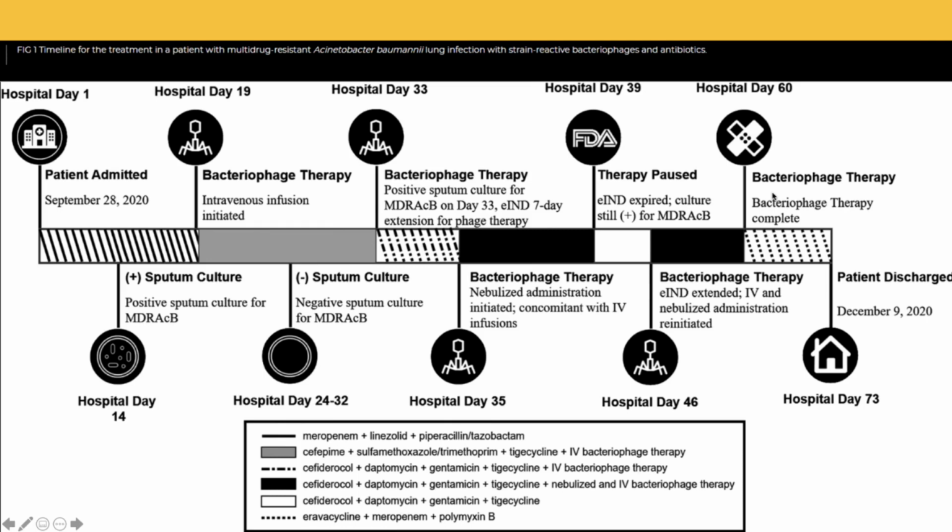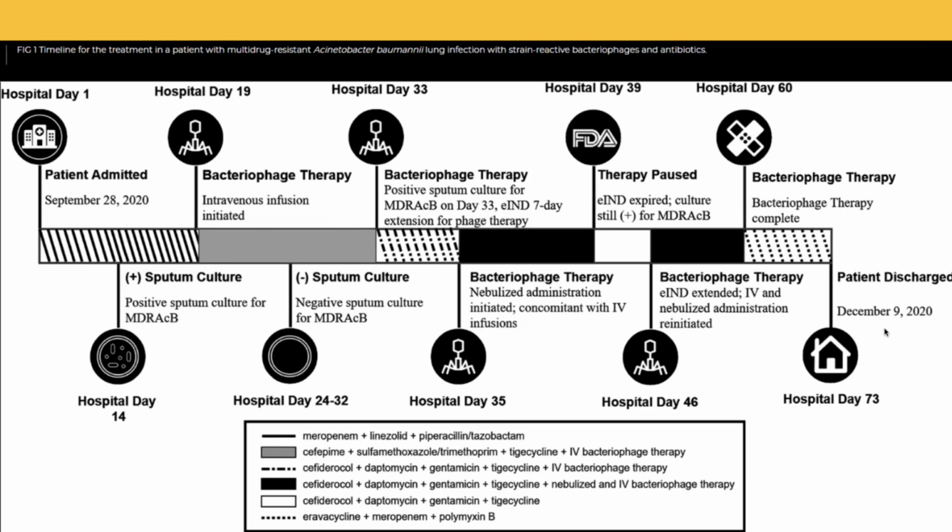And then once the bacteriophage therapy was completed, they switched the antibiotics to eravacycline, meropenem, and polymyxin B. On hospital day 73, December 9 of 2020, the patient was discharged, stable, all the physiologic parameters had stabilized, and the pneumonia was resolved.